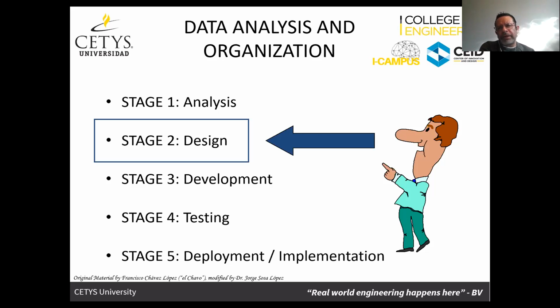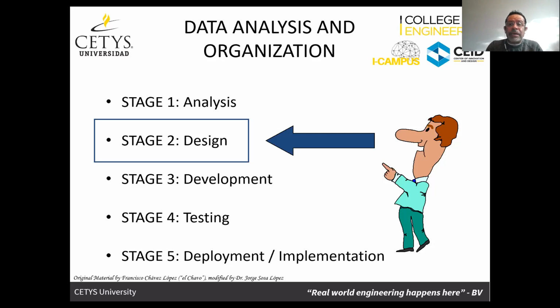So one thing that's important in the design stage is that these stages should be iterative and should create a sort of loop. Meaning, if we're in the design stage, there might be issues that come up where we might have to go back to the analysis stage to gather more information. The same thing happens in the other stages.